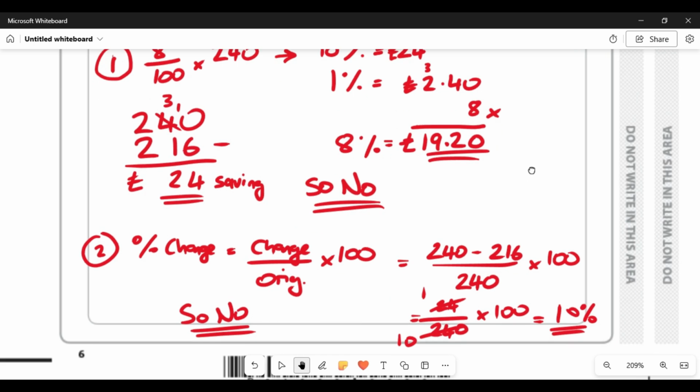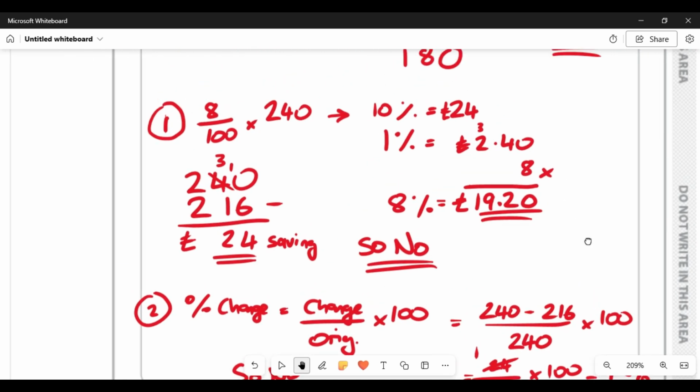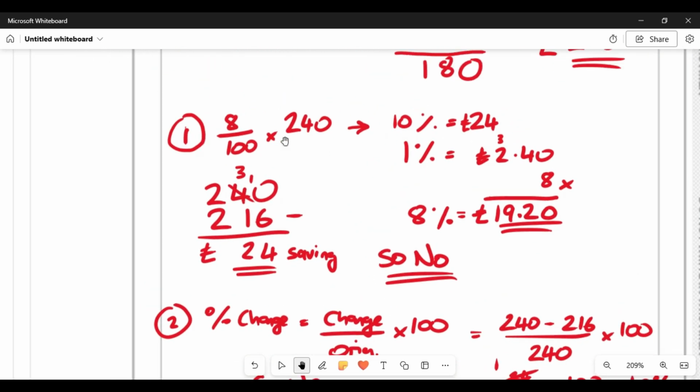Obviously, without the calculator, you're gonna have to find a way that's easy for you. I probably wouldn't do it this way where I was talking about 8% of 240 and work that out. I know a lot of people do like doing it this way and trying to simplify and so on. Me personally, without the calculator, I like this 10% method. Work out 10% first.